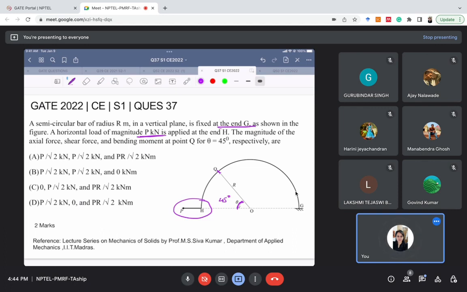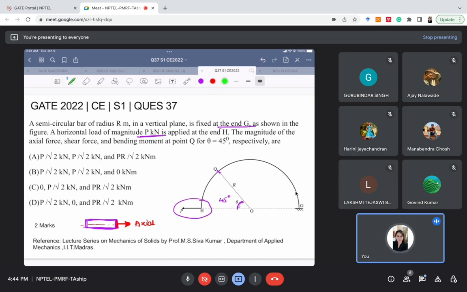I hope you know that for a bar, let's draw a bar here. If it's a straight bar, the force which is perpendicular to its surface is the axial force, because it is along the axis of the bar.